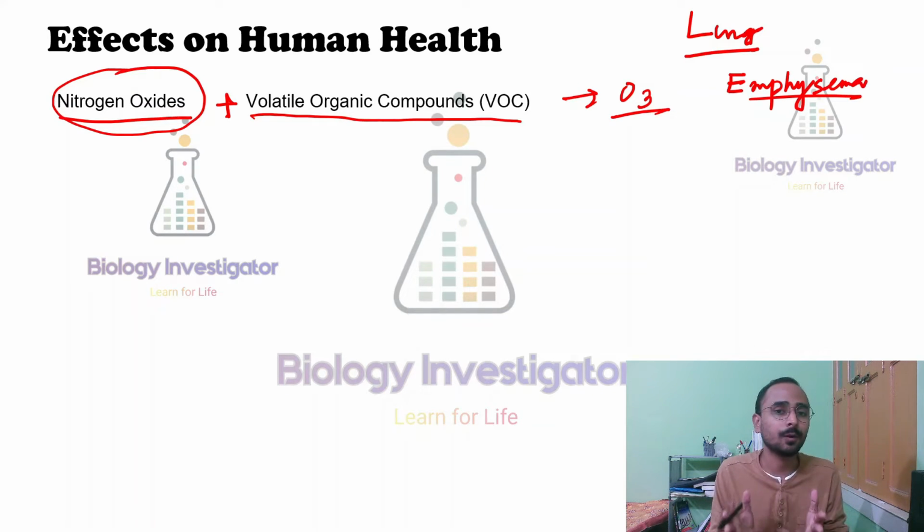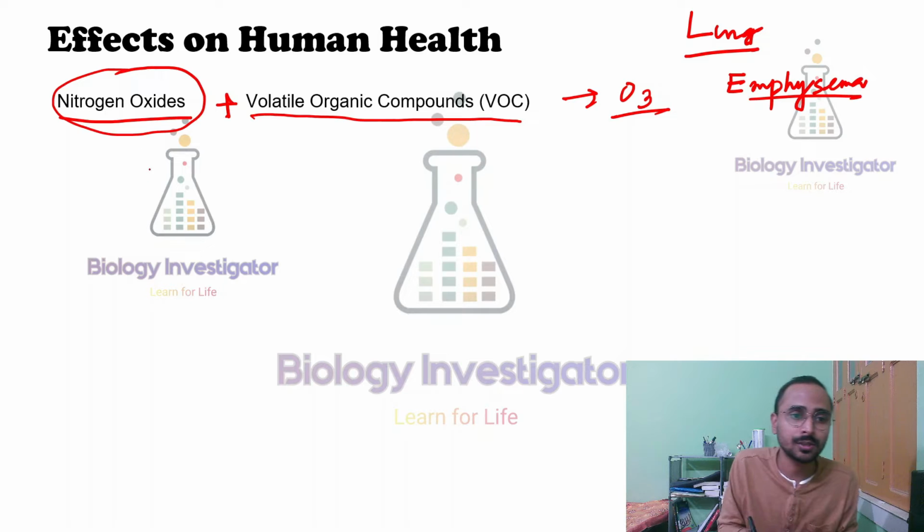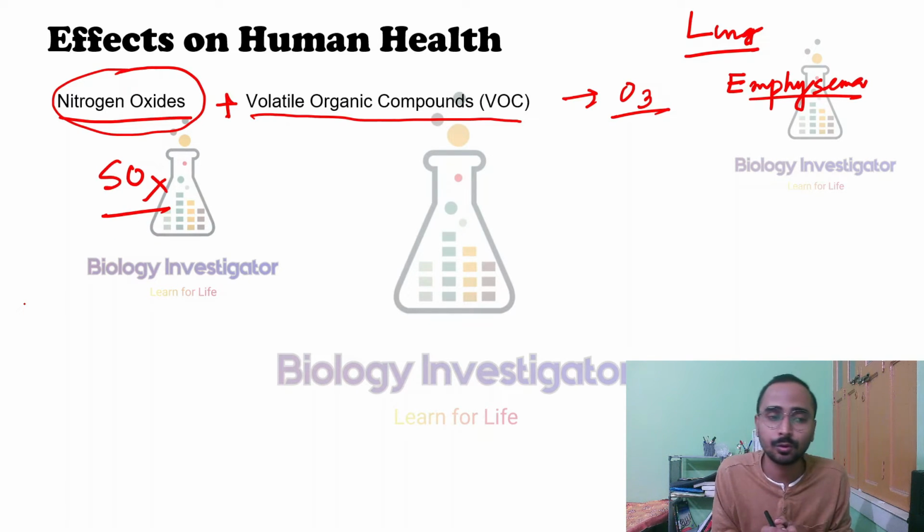So other problems, in the heart, these nitrogen oxides, and after that the several oxides of sulfur, that is SOx. So SOx will also cause, along with nitrogen oxides, heart diseases.